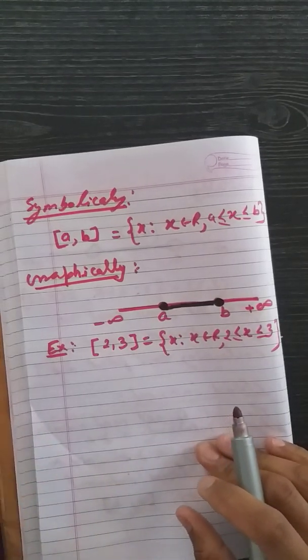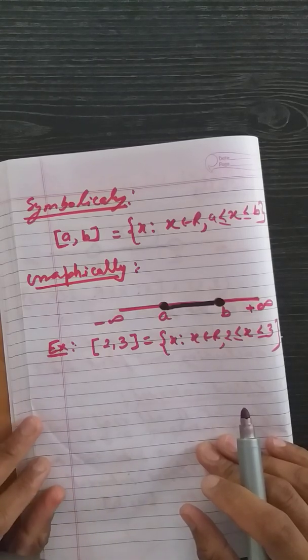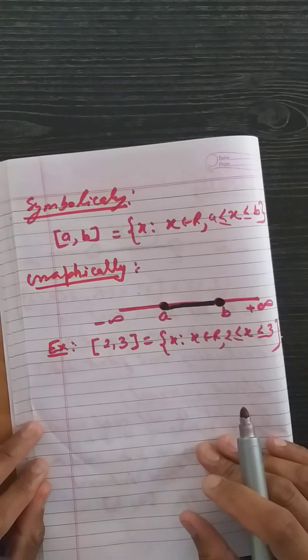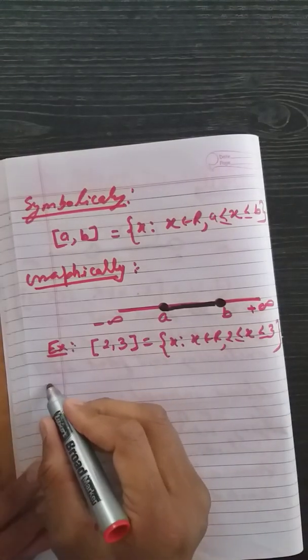Now come to the third one, semi-closed interval, or you can say semi-open interval.